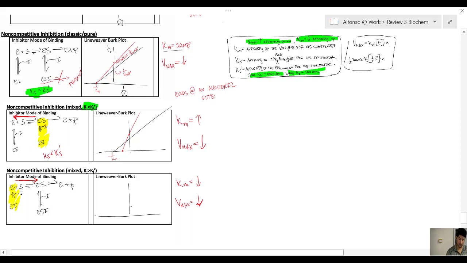And this is what the graph will look like for a non-competitive inhibitor where Ki prime is less than Ki. This line right here represents the reaction without any inhibitor whatsoever.